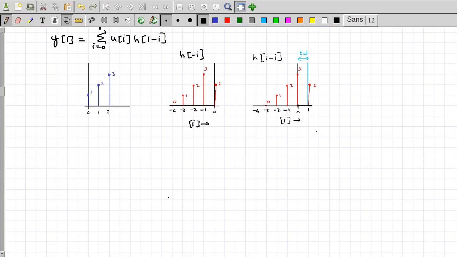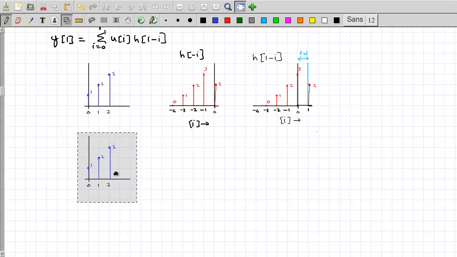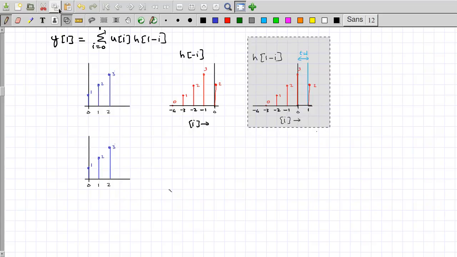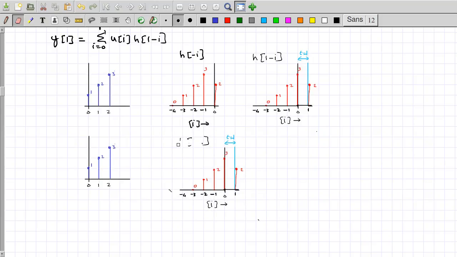So if I put the two together on top of each other, get rid of a few things here. I should have kept the 0 location around to match the 0 location.